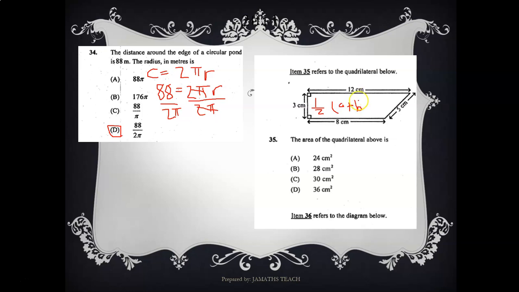A and B are the lengths of the parallel sides. So A plus B is 12 plus 8, 20. So it's half of 20 times the height. Remember we said it's the perpendicular height, so that means we're using 3 and not 5. So it's half of 20 multiplied by 3. Half of 20 is 10. Multiplied by 3, that's 30, so it's 30 centimeters squared.